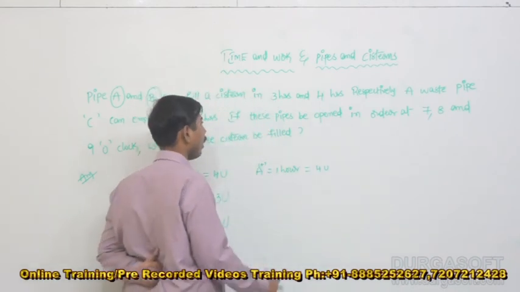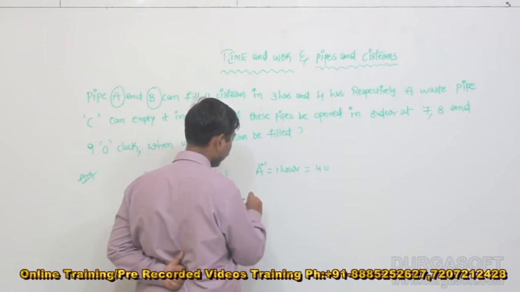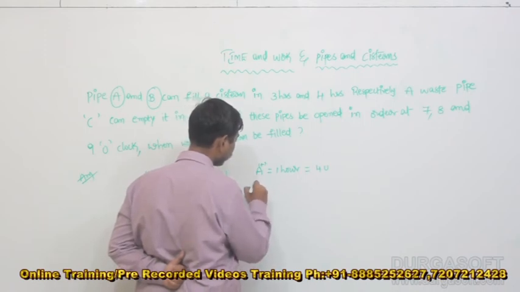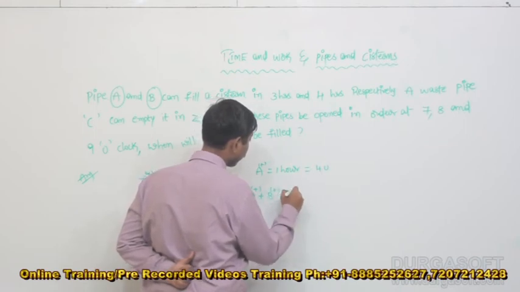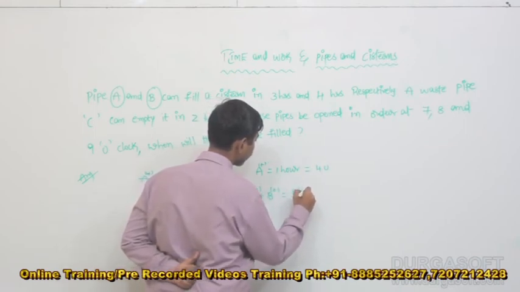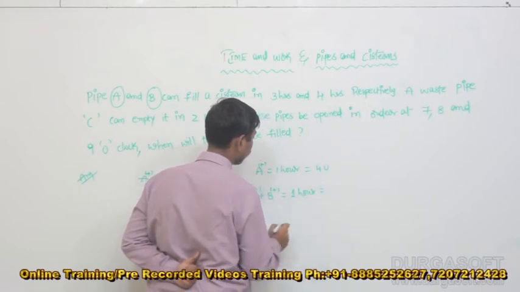Alright, next one, at 8 o'clock what happened? At 8 o'clock pipe B also opened. That means from 8 o'clock onwards till 9 o'clock, that is 1 hour, pipes A and B have to work together.